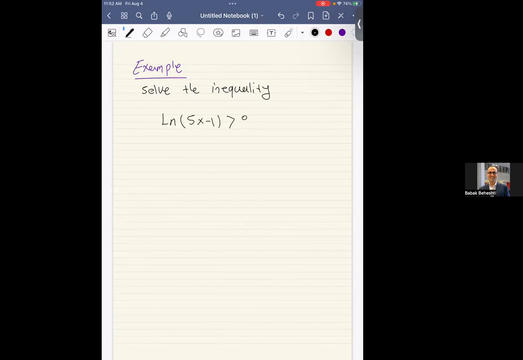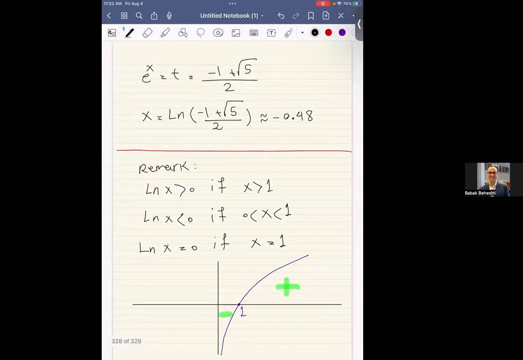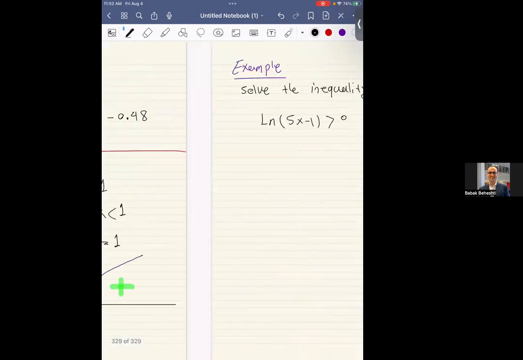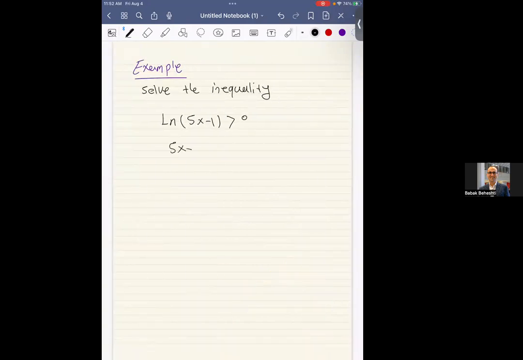So when I say ln of 5x minus 1 greater than 0, it means, based on what I just said, that 5x minus 1 must be greater than 1. That means 5x must be greater than 2. Therefore, x must be greater than 2 over 5.